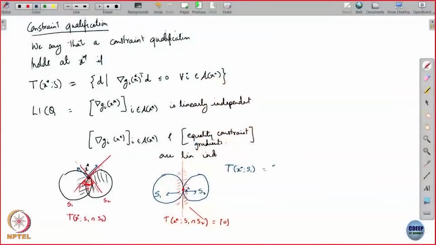So here are my sets, S1 and S2. I can look at the tangent cone with respect to S1 as the set of D such that this is less than or equal to 0, and the tangent cone with respect to S2 as this.